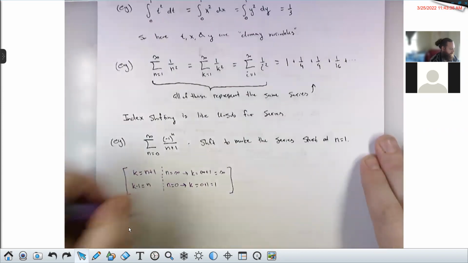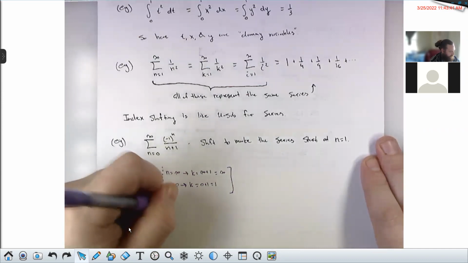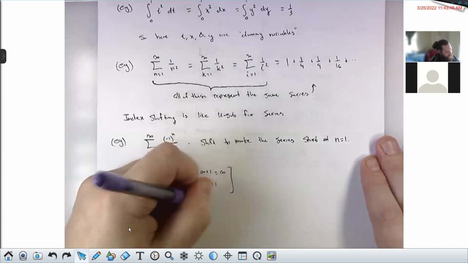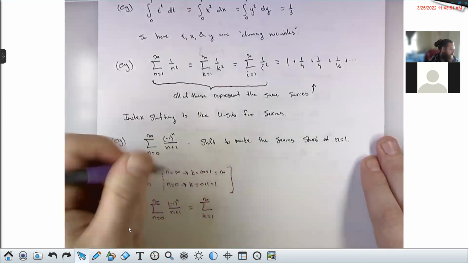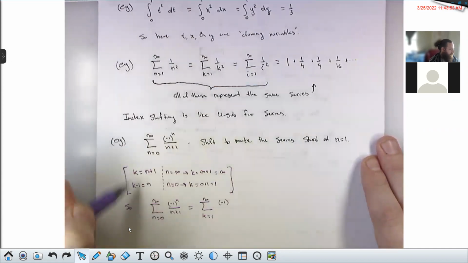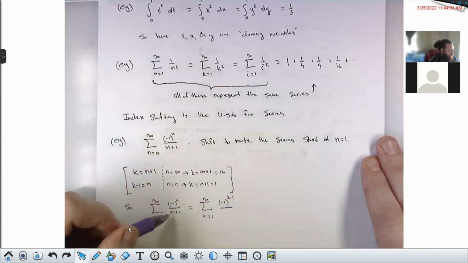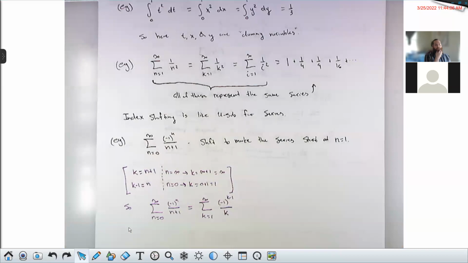So sigma n from 0 to infinity, negative 1 to the n over n plus 1 is the same as sigma k from 1 to infinity, negative 1 to the n. Well, n is k minus 1, divided by n plus 1. Well, n plus 1 is k. And then here's where I'm going to use the fact that n's and k's are dummy variables.